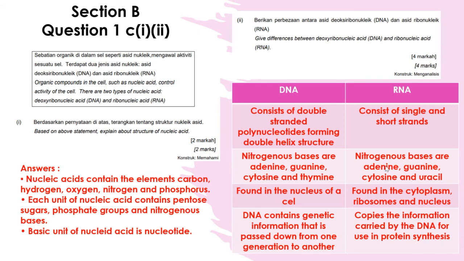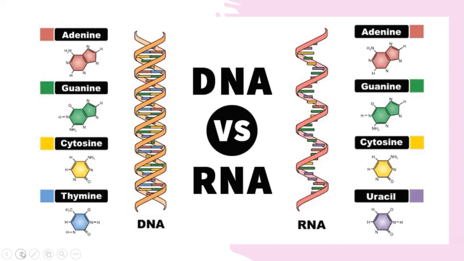Let's take a look at the diagram of the DNA and RNA. This is referred to as the DNA. DNA consists of 2 strands. This is the first strand. This is referred to as the second strand. So DNA consists of 2 polynucleotide strands that form the double helix structure.